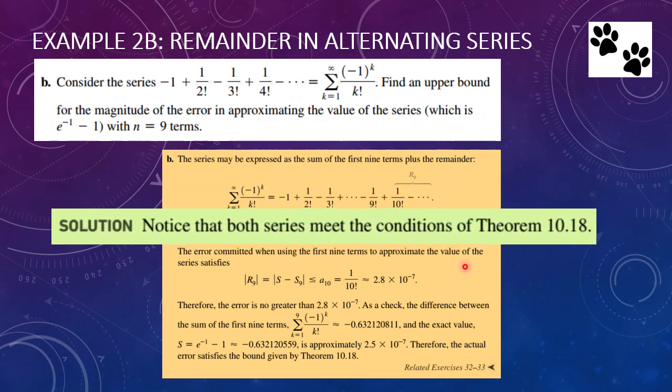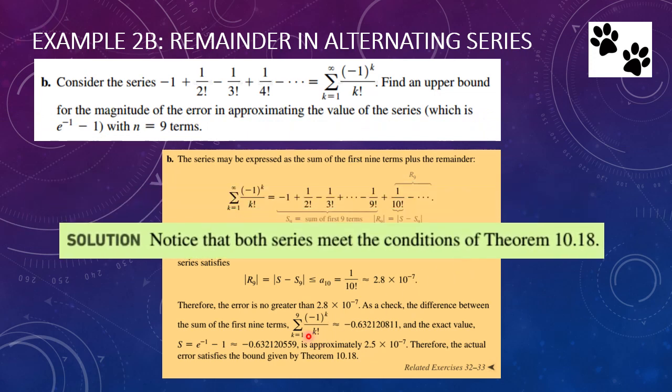And as a check, the difference between the sum of the first 9 terms, if you plug this in, is -0.6321, etc. And the exact value of s equals e to the -1 minus 1 is -0.63212, etc., which is approximately 2.5 times 10 to the -7, which is smaller than what we see here.